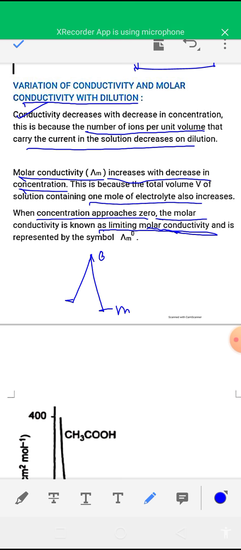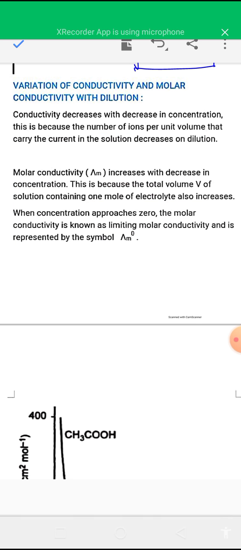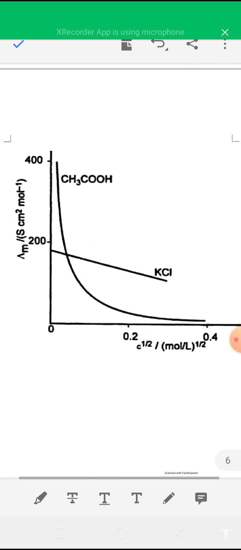So specific conductivity of a solution decreases with dilution, but molar conductivity increases with increase in dilution, that is, with decrease in concentration.